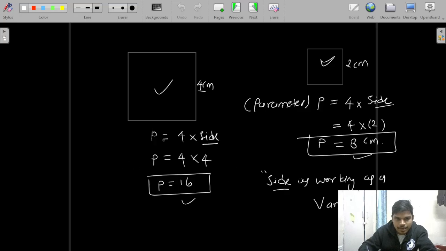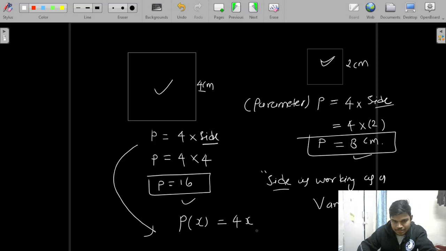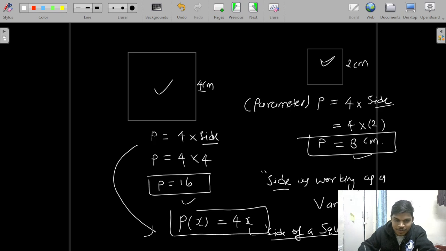If I take a polynomial, as in the previous example, I can also form a polynomial with this example. This is my p(x) = 4x, where x is the side of a square. That's it. This is also a polynomial because here the side is x.